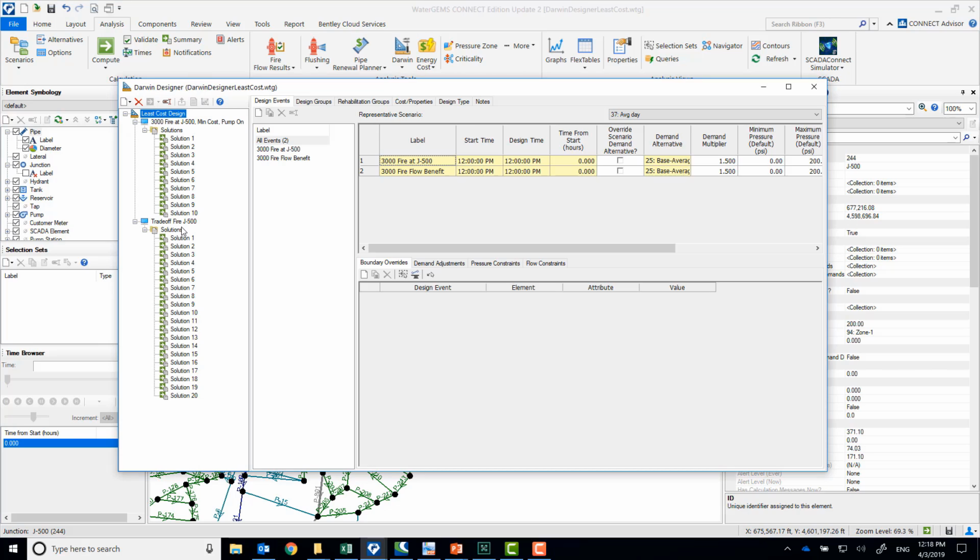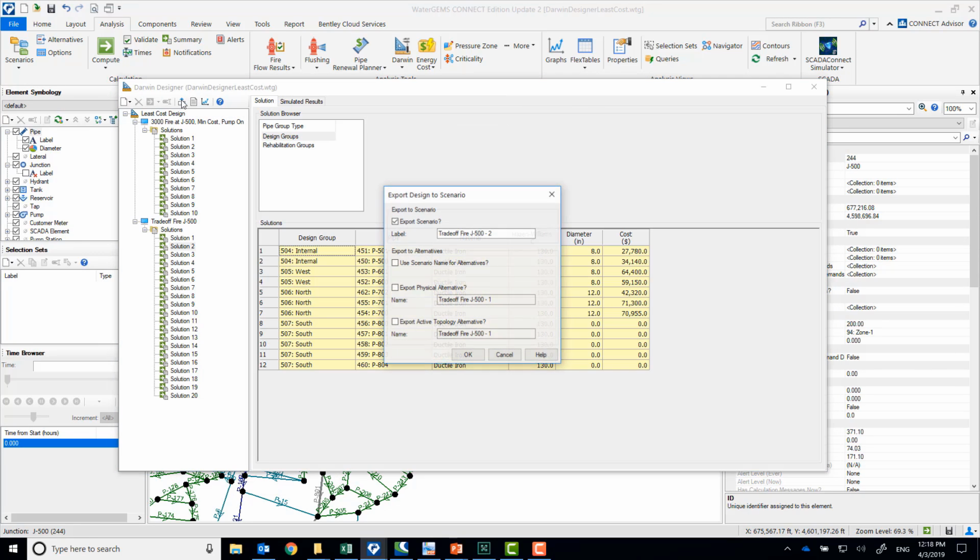When we export the solution, we're exporting the physical alternative. I didn't export the physical alternative. So hold on. Yeah, we have to export these two. Sorry, my bad. I thought I had exported those.